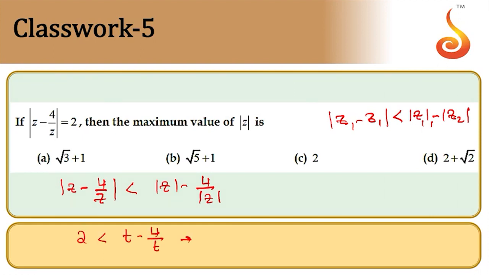This implies t square minus 2t minus 4 is less than or equal to 0. It means you get t is less than 1 plus root 5, which is mod z is less than 1 plus root 5.